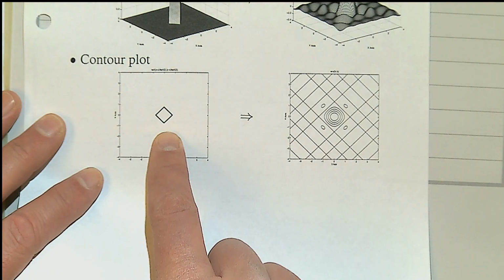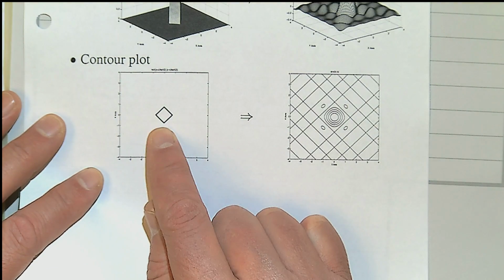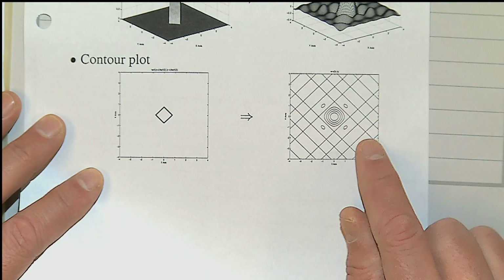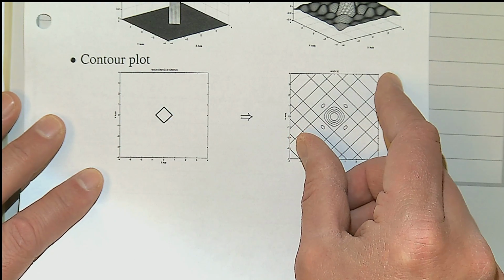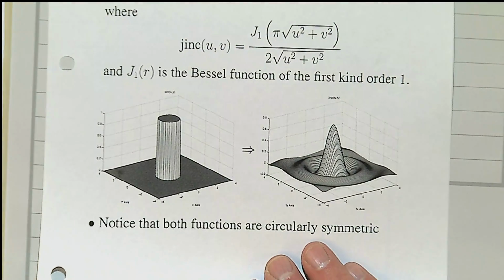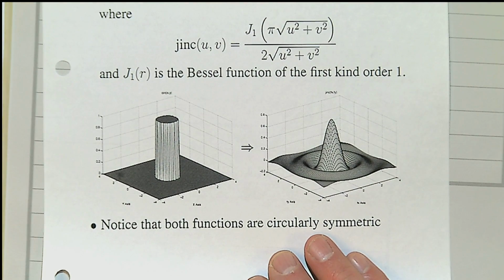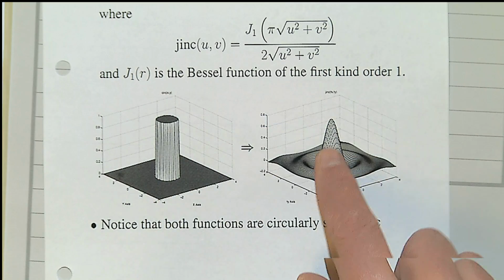Here, this is a contour plot, so it's easier to see. This is a diamond now instead of a rect, and this sinc function is now rotated by 45 degrees. Okay? And now this is the case of a circ. We'll finish the other thing next time.